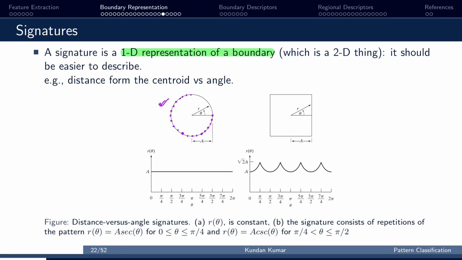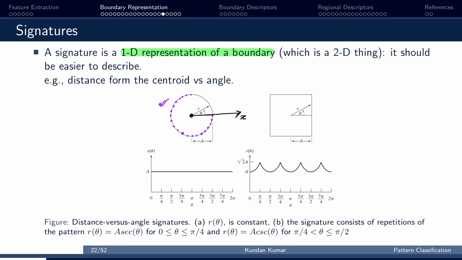When we compute the centroid, then most probably we will obtain the centroid at this point when we have a circular boundary. Then we compute the distance of the pixel location and its orientation with respect to the x-axis, which is in this direction.